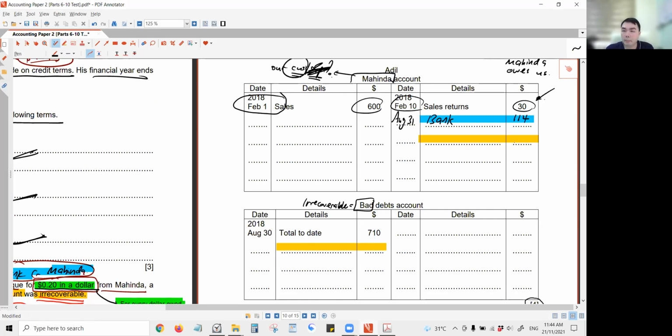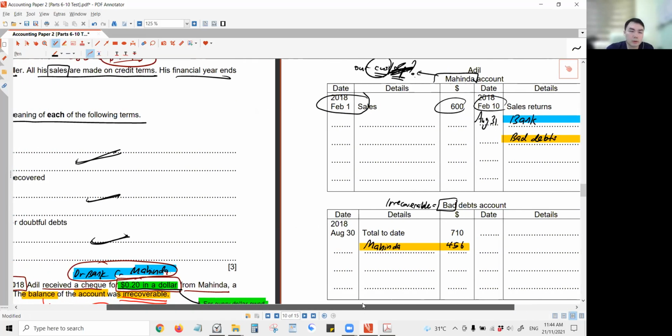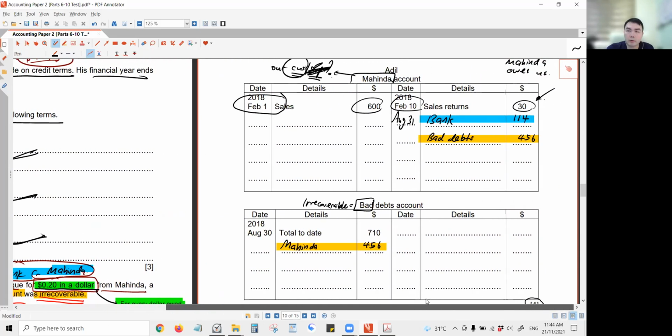Now let's do it. 456. What is the date you recorded this? You can use the same date, 31st. So this is the first step.